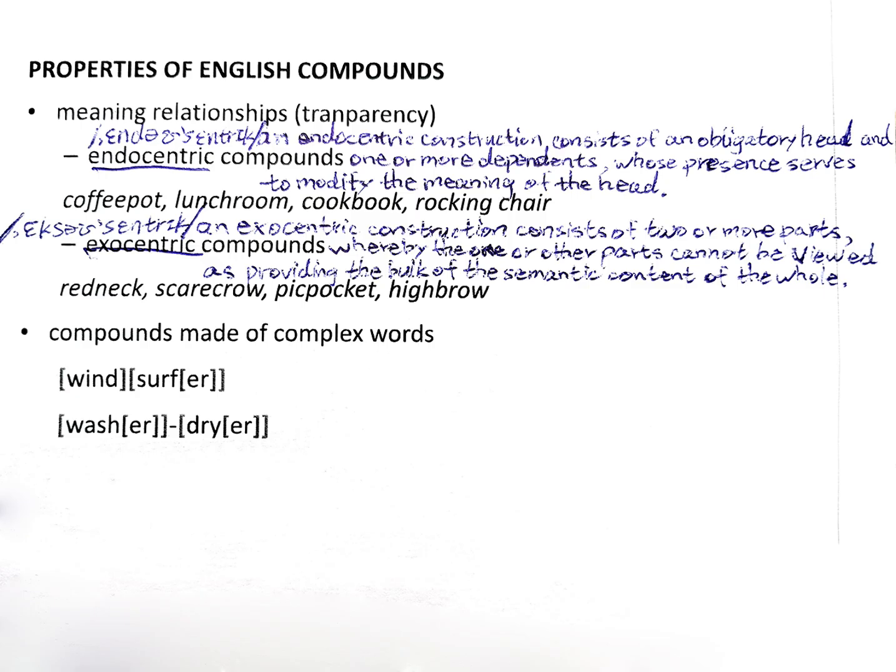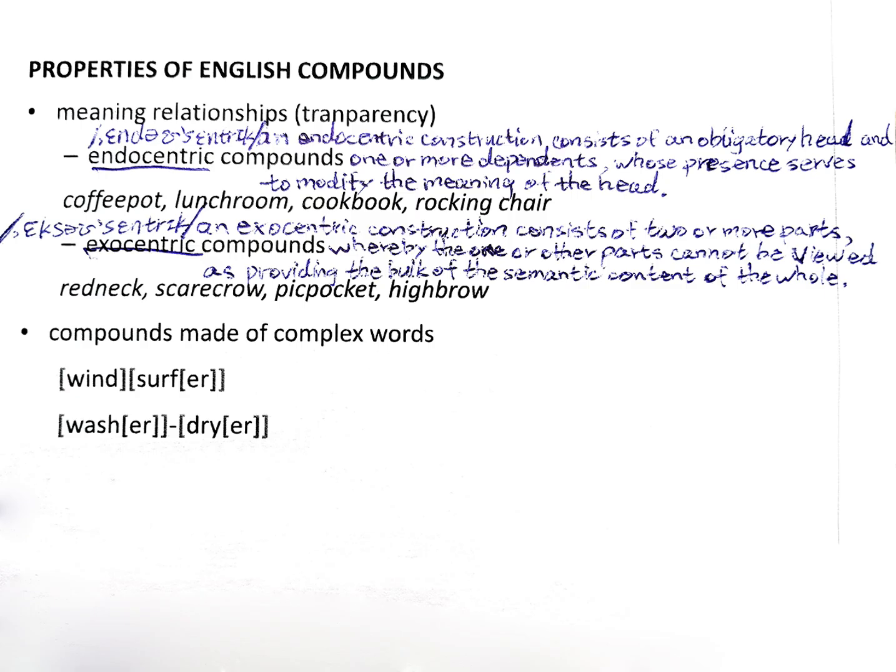As I mentioned in the beginning, a compound word can be constructed not only from two free morphemes, but also in other ways. In this case, it can be constructed with a free morpheme and an inflectional word.